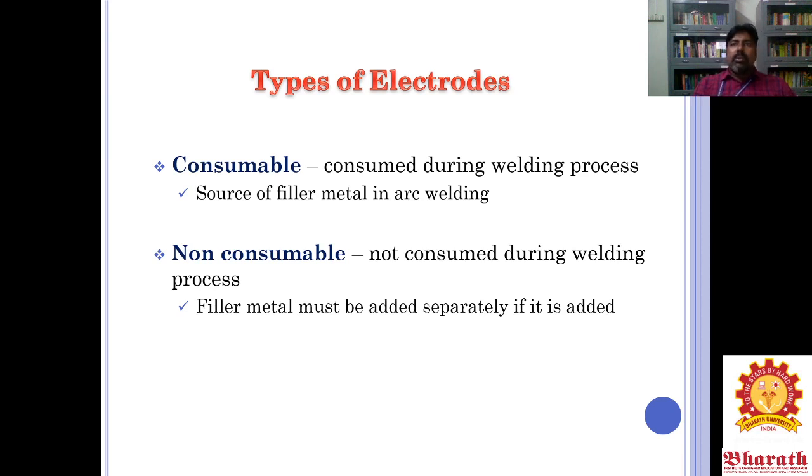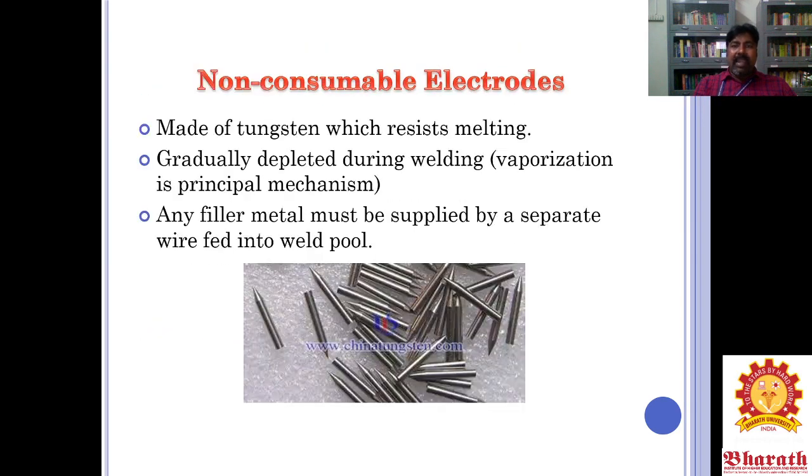The tungsten electrodes are used in DC as well as AC welding. Non-consumable electrodes are used in atomic hydrogen welding and TIG welding, tungsten inert gas welding, and hence the arc length remains constant and very stable. So this is called a non-consumable electrode.